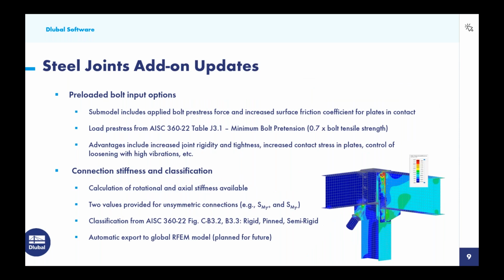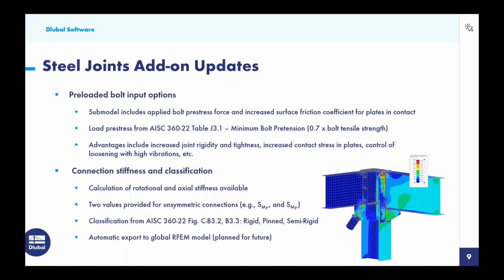So now moving on to a few of the updates that we have implemented in the Steel Joints add-on over the last year. This isn't an exhaustive list, but rather I just wanted to focus on a few of the main points. The first is the preloaded bolt input option. Now we have the ability to consider these preloaded bolts where the submodel then automatically will include the applied bolt pre-stress force.